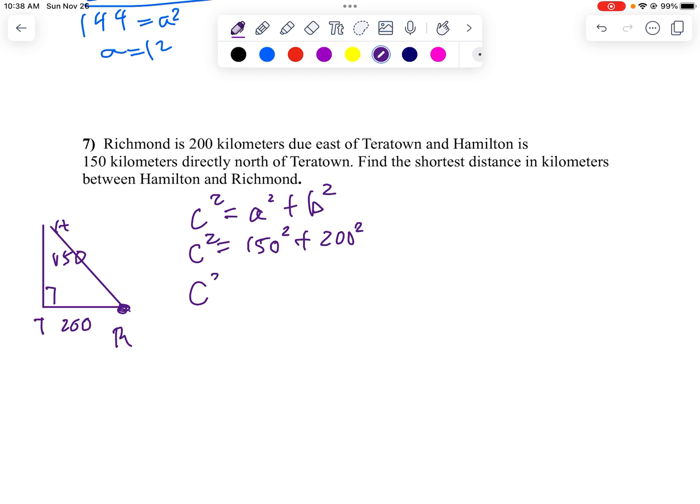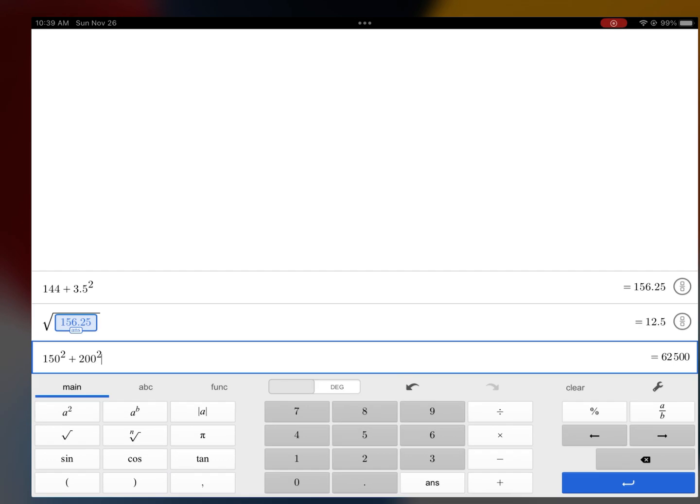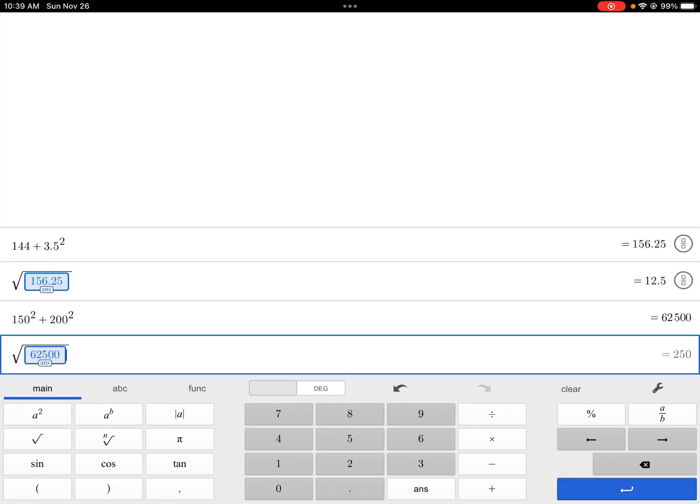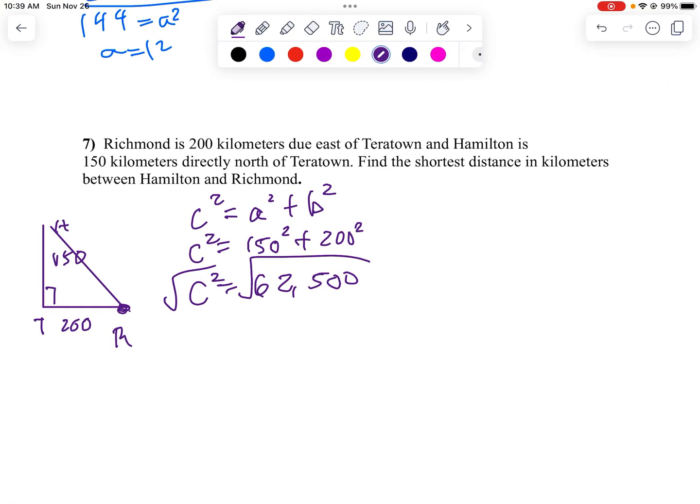So c squared equals 62,500. So we take the square root of both sides. And so if we take the square root of 62,500, we get 250. So C is 250. Since it's an application problem, I'm going to write it as a complete sentence.